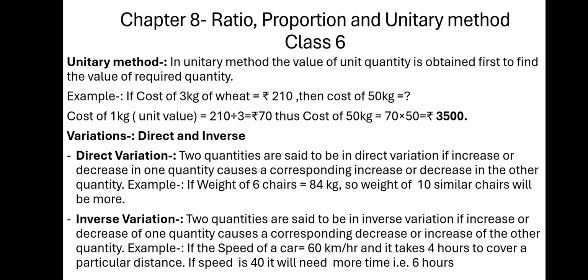Example, if the speed of a car is 60 km per hour and it takes 4 hours to cover a particular distance, if the speed is now 40 km per hour, it will need more time, that is 6 hours. So this is inverse variation because when one quantity is decreasing, the other quantity increases.